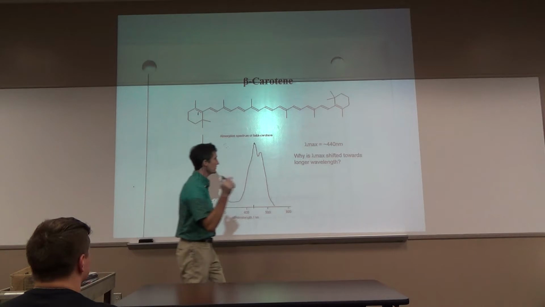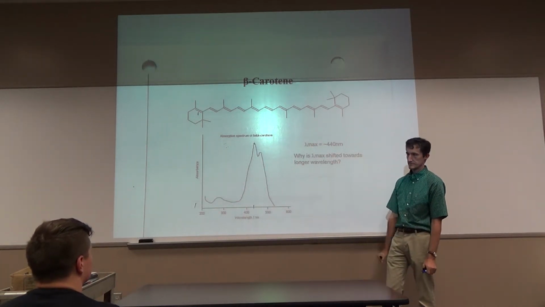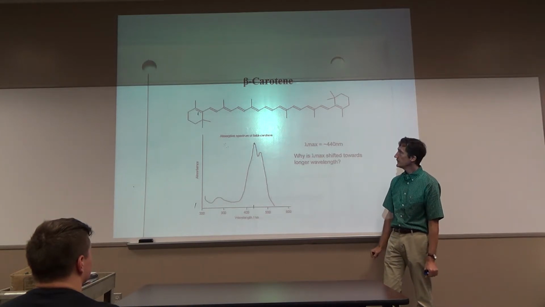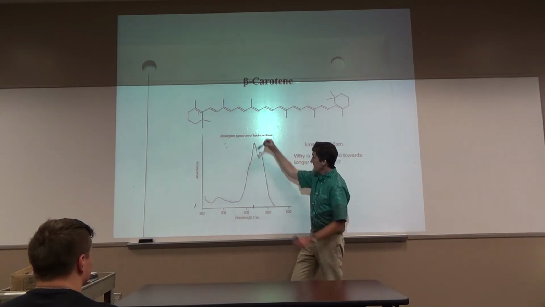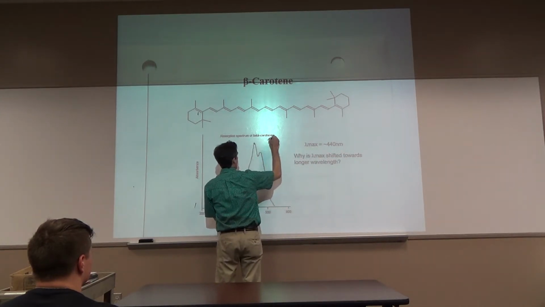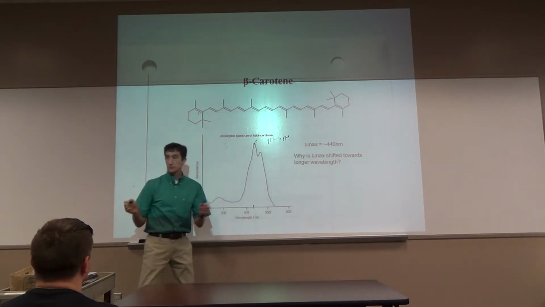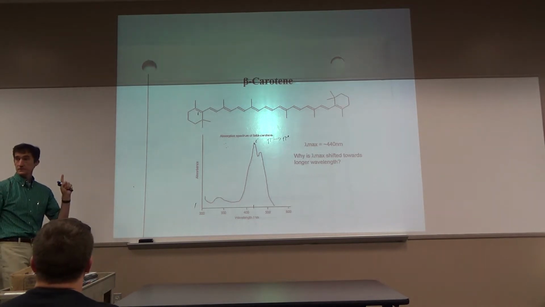We'll look at that. But here's a question before we do that. Why is the lambda max shifted towards longer wavelength here compared to the other two examples? The answer is extended conjugation. Again, this is most likely due to the pi to pi star transition. It's usually your most intense. So we talk about pi electrons.